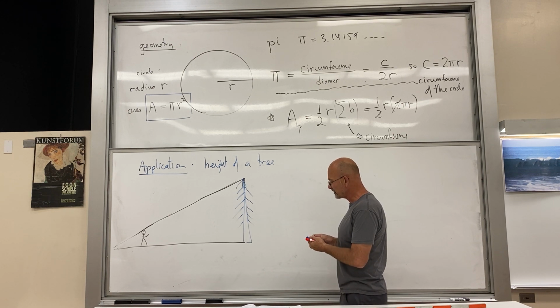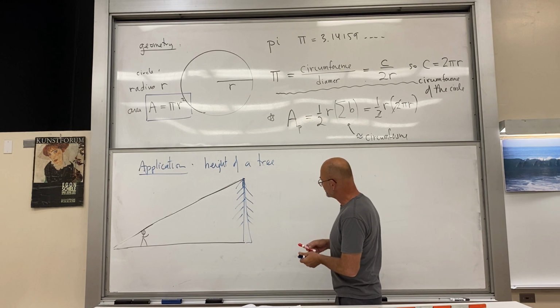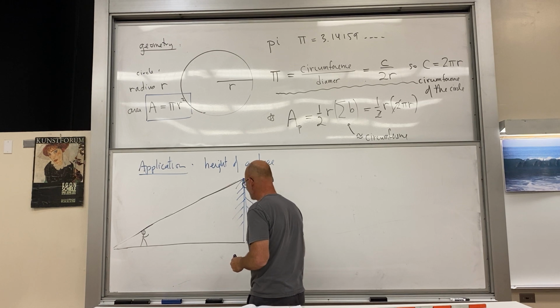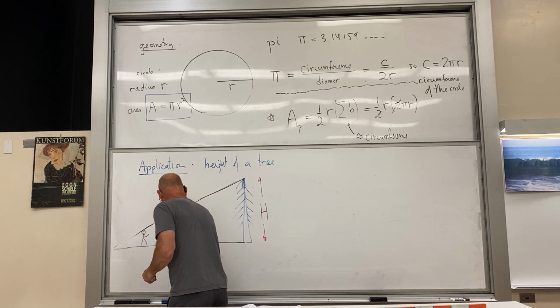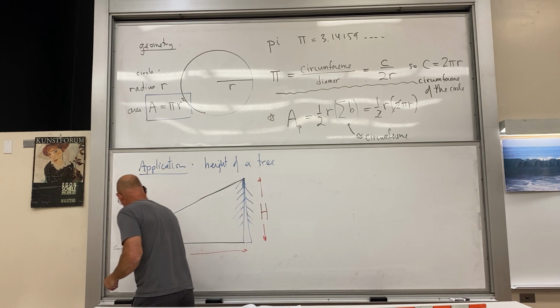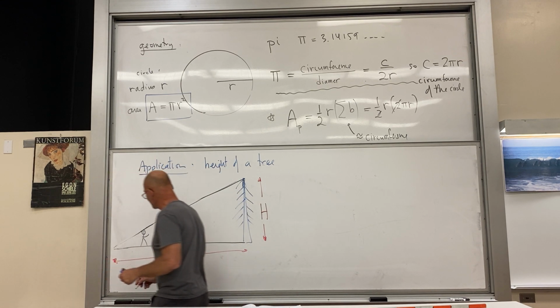So I'm going to label these things as follows. H, capital H, is the height of the tree. Capital L is the distance from the base of the tree to the point of that triangle there.